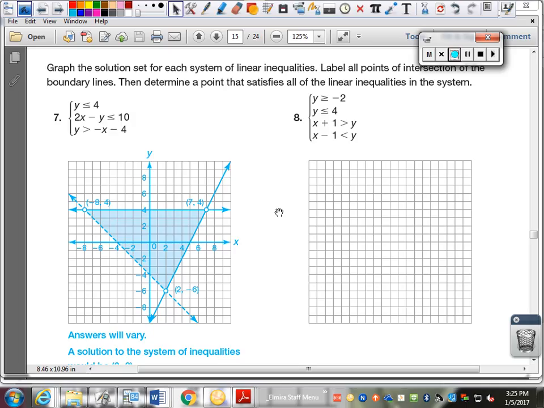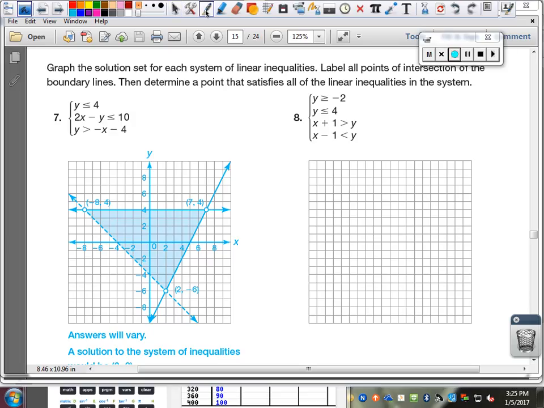Alright, now in number 8 we have 4 inequalities. So I'm going to draw a coordinate plane. They only give us a grid. Now this one says y is greater than or equal to -2. So it's just a y and a number.